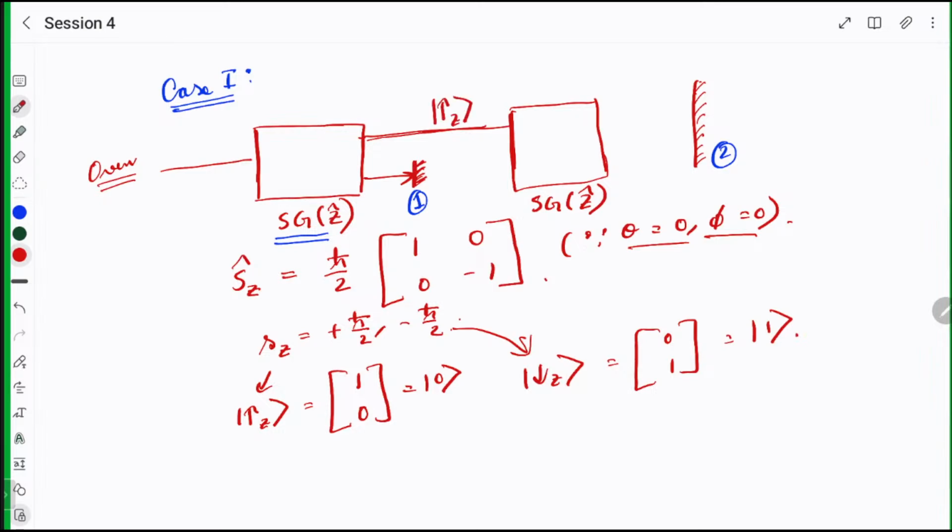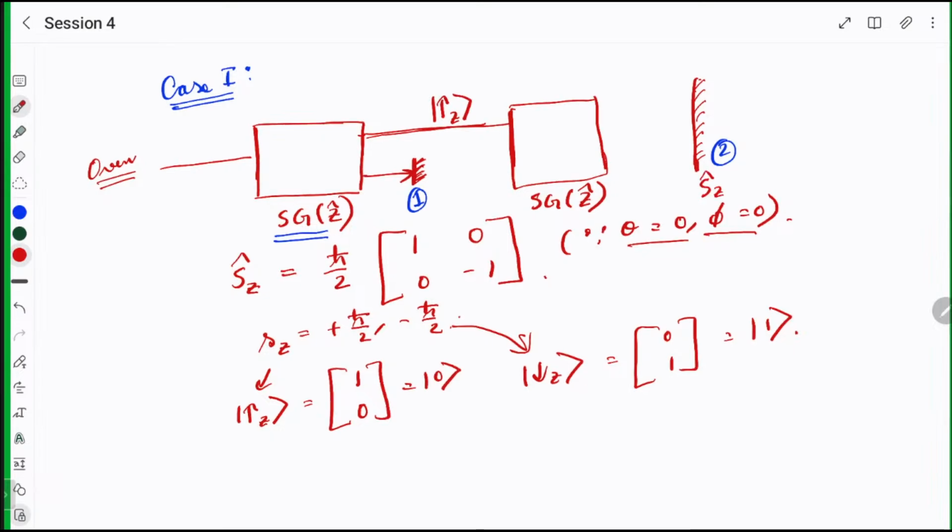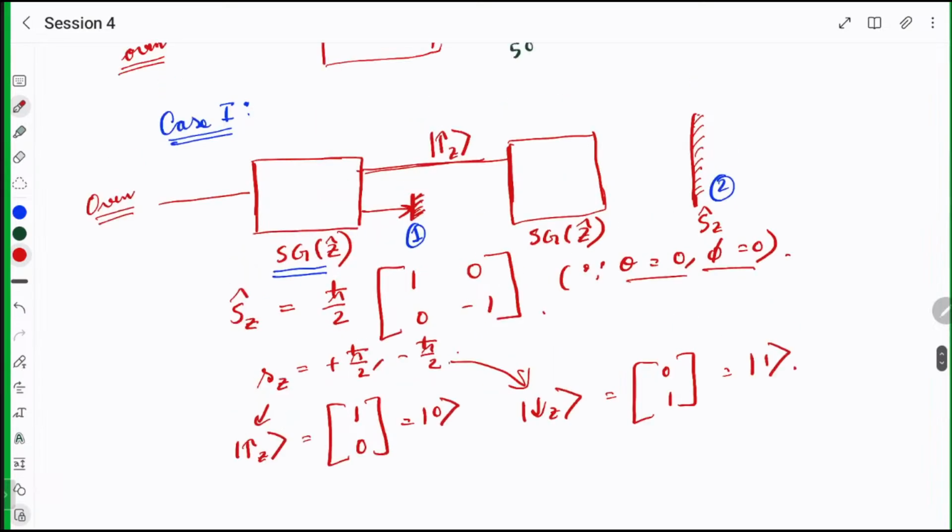Okay, now what are we measuring here in screen 2? Again we are measuring the Sz hat. So from the laws of quantum mechanics, how can we predict how many of the electrons reach the second Stern-Gerlach apparatus? Let's say this is the second one, this is the first one. How many of these electrons will hit the upper part of the screen and the lower part of the screen?